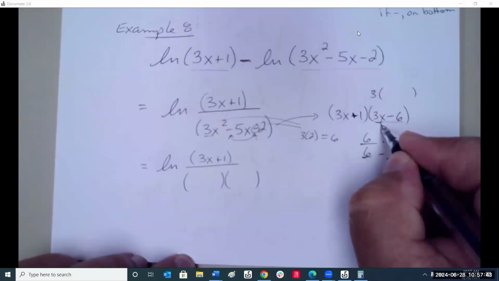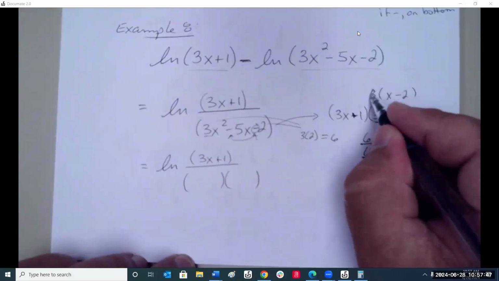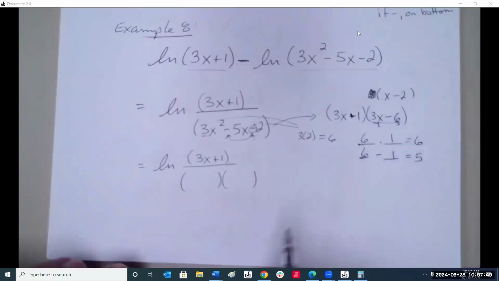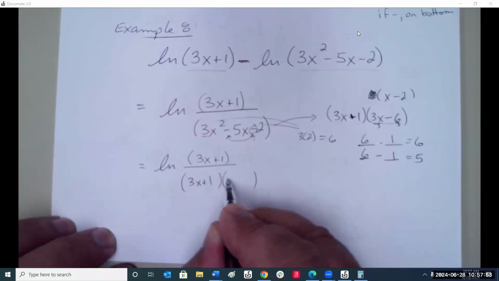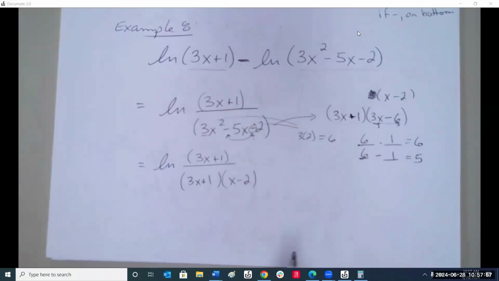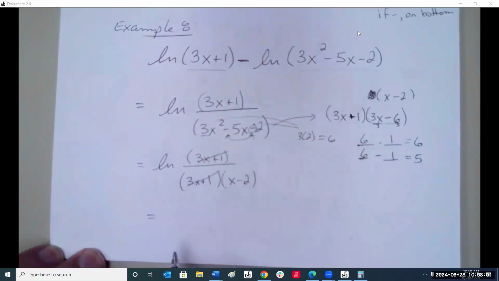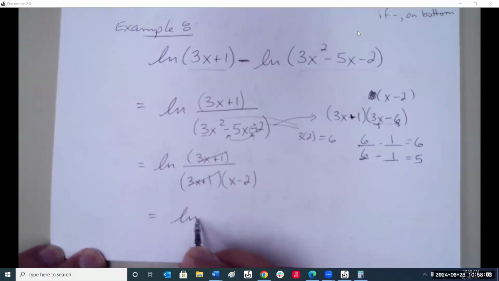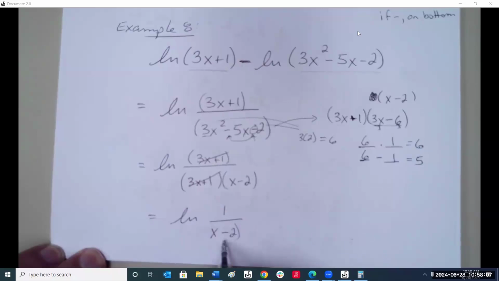So divide these by 3. I get x minus 2. So that one becomes 3x plus 1, x minus 2. We can cancel the 3x plus 1s. My final answer is that.